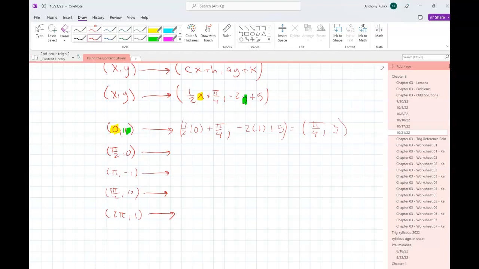Sure. What's the thing you have to be careful about? If you do 0 plus pi over 4 on your calculator, what's it going to give you? A decimal. Just check to make sure that that decimal is the same as pi over 4, and it's fine, right?